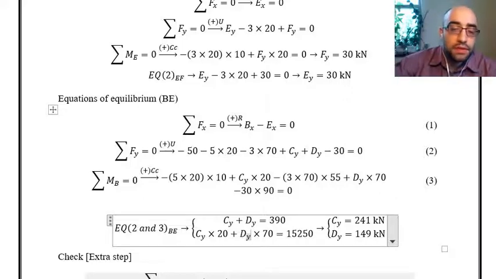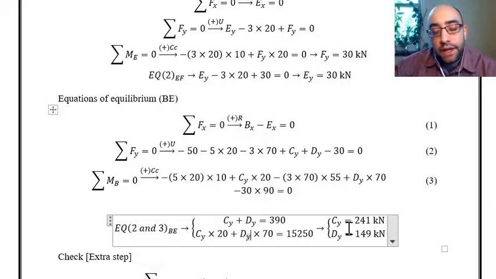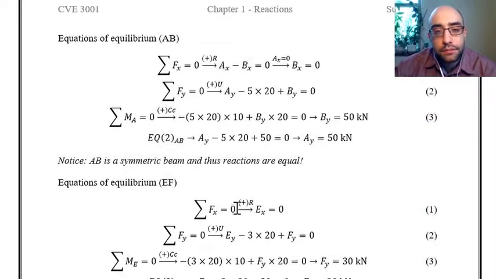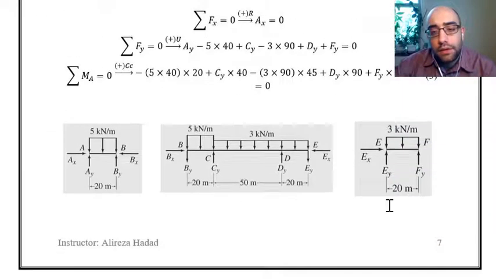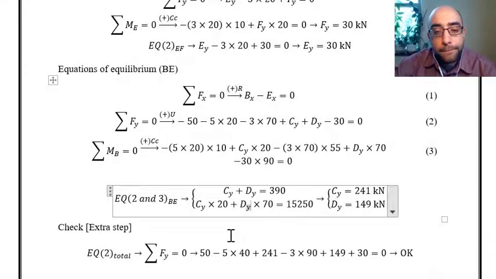Once you solve the system, we have Cy as 241 kilonewton and Dy as 149 kilonewton. These are the two reactions at point C and D in the beam. So we could simply find the two remaining reactions at point C and D.